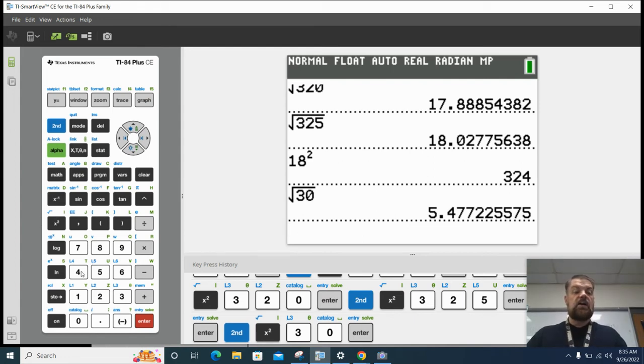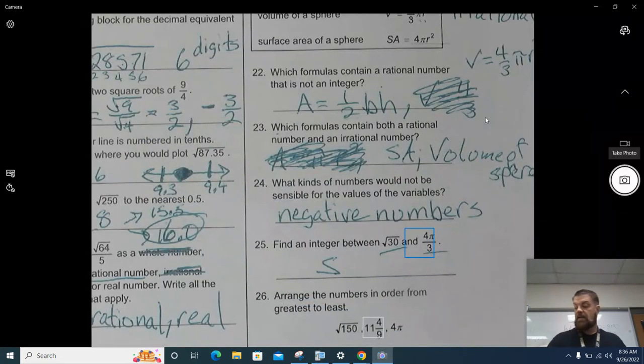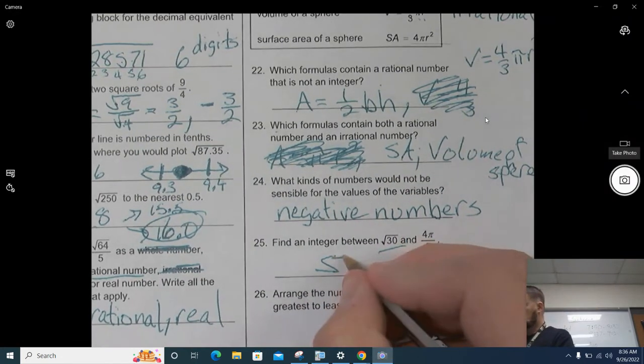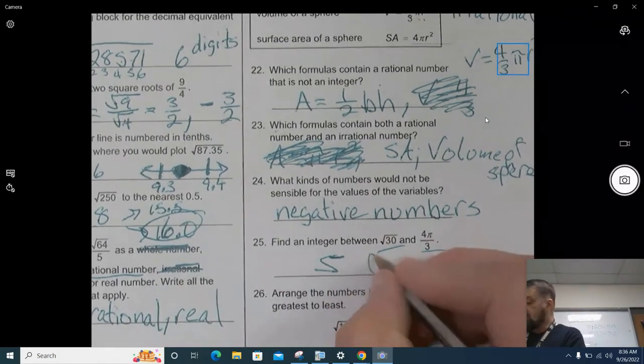Let's see. 4 times pi divided by 3. Oh, no, my mistake. It should be 5, right? 5 is between those two numbers. That's an integer, correct? All right, good. That's a 5, not an S.